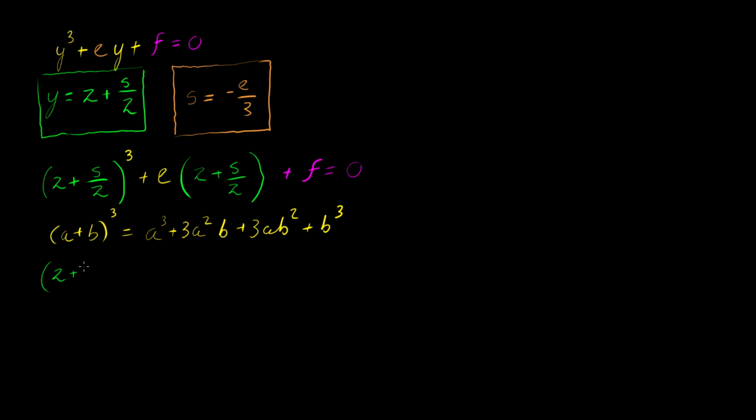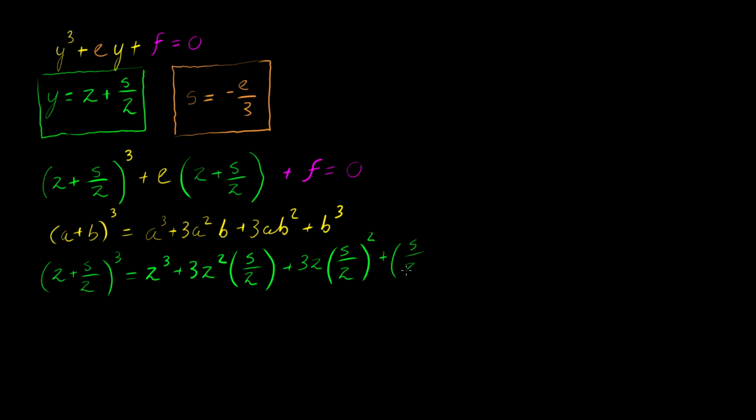That is going to be z cubed plus 3z squared times our b, which is s over z, plus 3 times our a, which is z, times our b squared, which is s over z squared, and then plus our b cubed, which is s over z cubed.